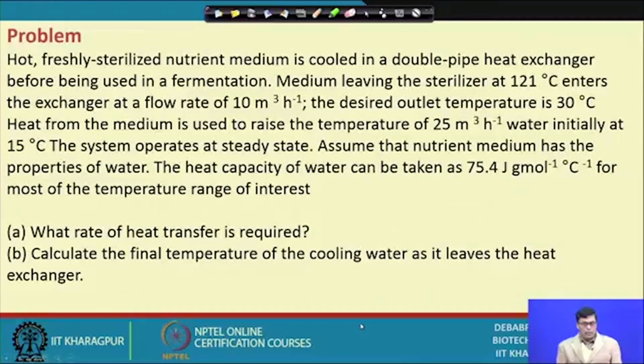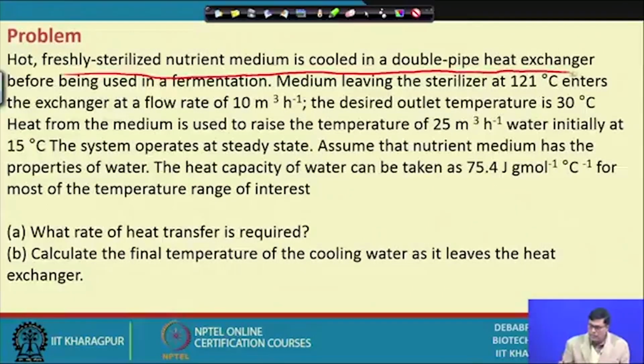Now, we have two problems related to this heat transfer. I hope if we can solve these problems, then our conception will be a little bit clearer. The problem says hot freshly sterilized nutrient media is cooled in a double pipe heat exchanger before being used in the fermenter.